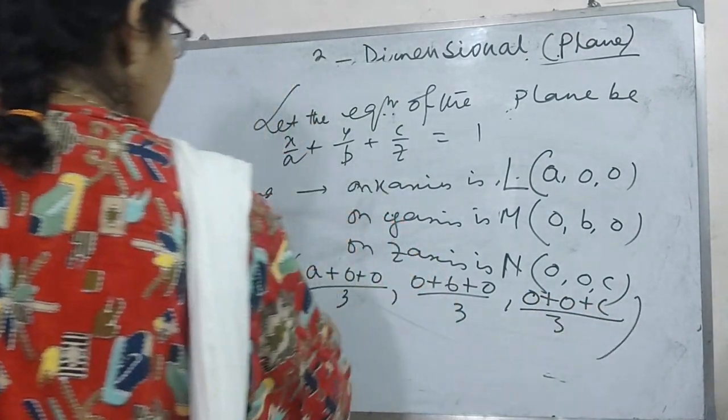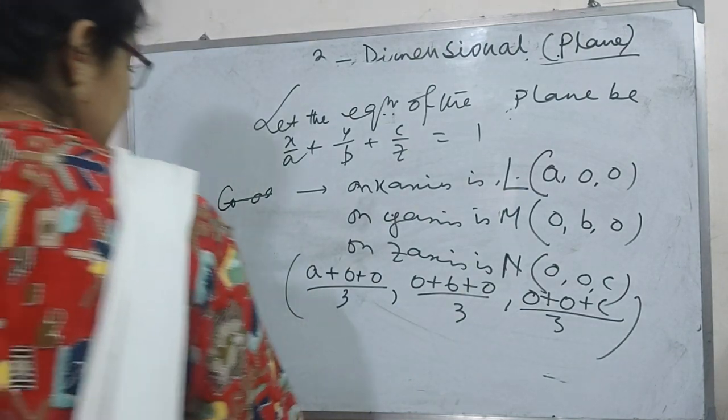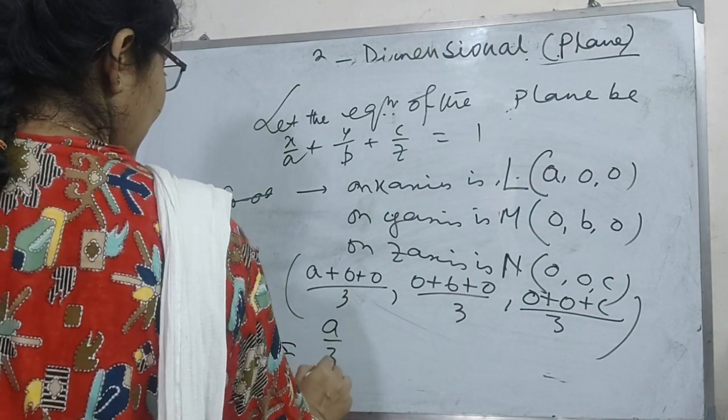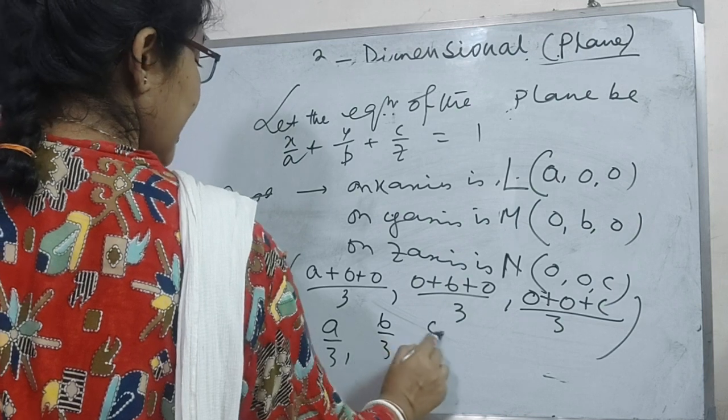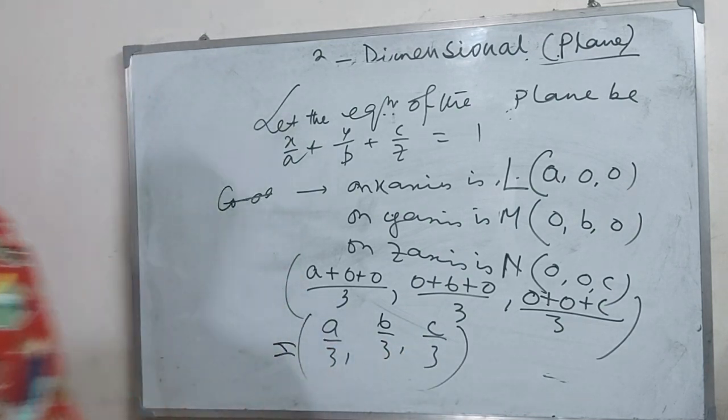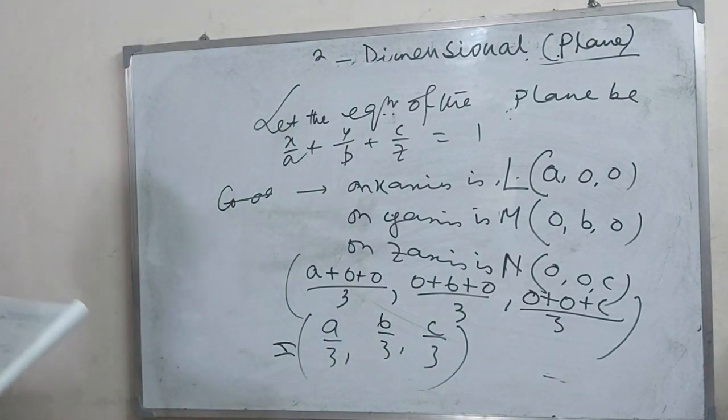This is the coordinate of the centroid. That means a/3, b/3 and c/3.